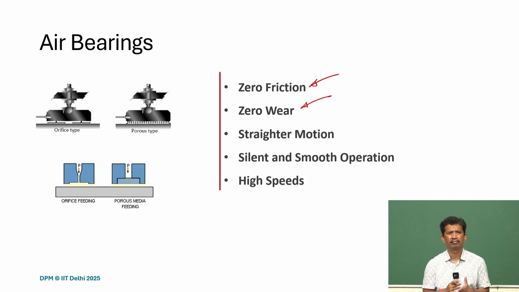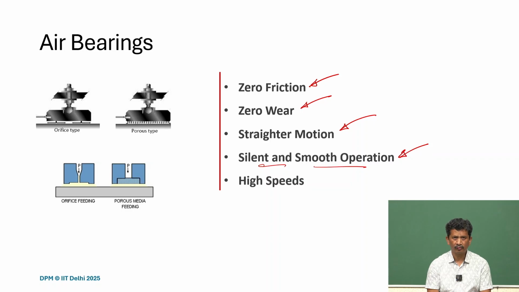It means it's more or less maintenance free. There will be no wear and tear. Of course, the averaging effect is there, so we can have a straighter motion. Very silent and smooth operation. There is no rubbing and no hard contact, so there will be no noise. And of course, we can also achieve very high speeds with this kind of system.